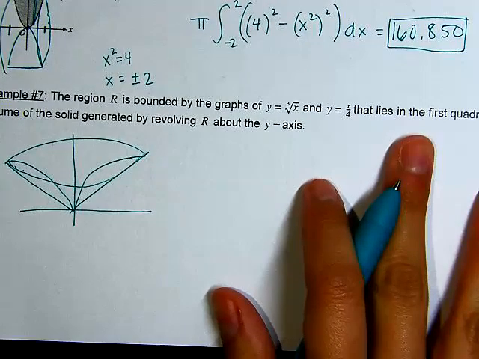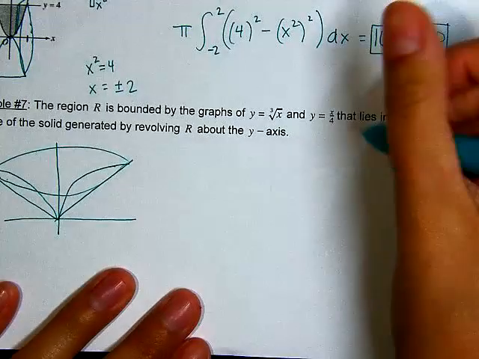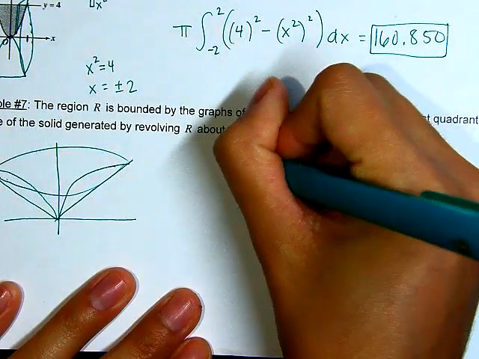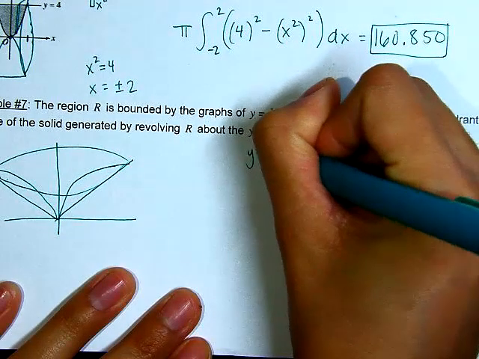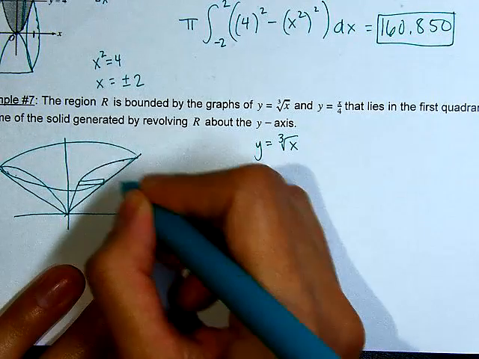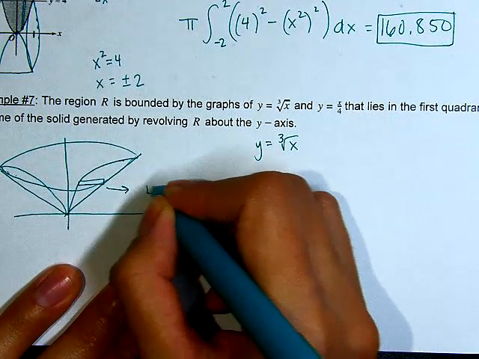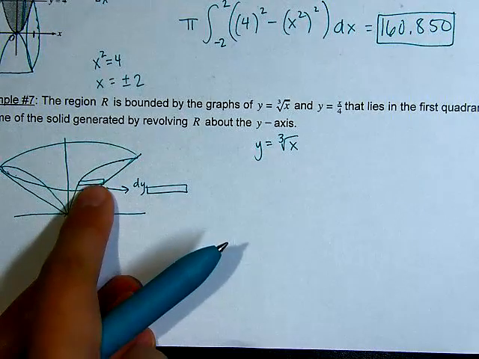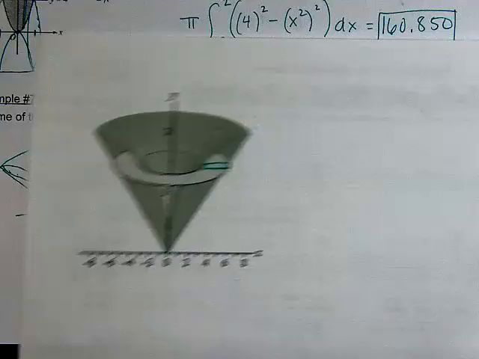Okay, a couple things we need to do first. We need to solve for x. Again, why do we need to do that? Because I'm going to draw horizontal slices here, and horizontal slices means that we need to look at the change in y values. So all those washers are horizontal.